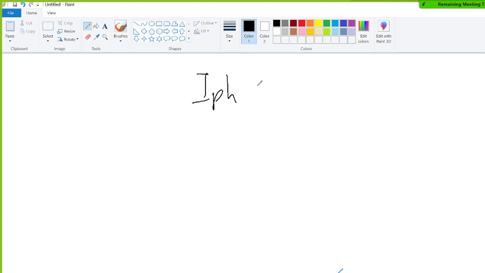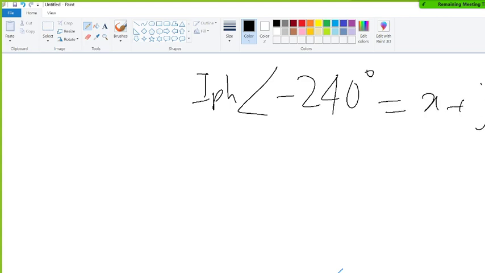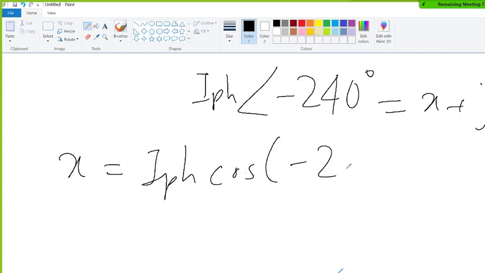I phase, sorry, I phase at minus 240 degree. Okay, so that is equal to x plus jy. So x would be I phase cos of minus 240 degree. Let us find it using calculator.